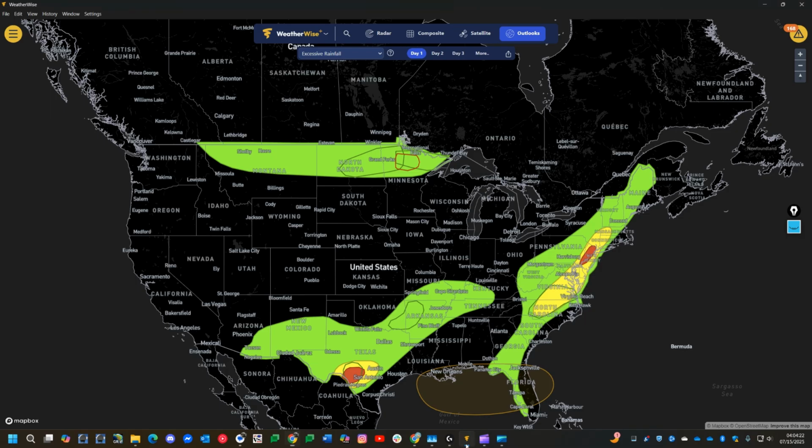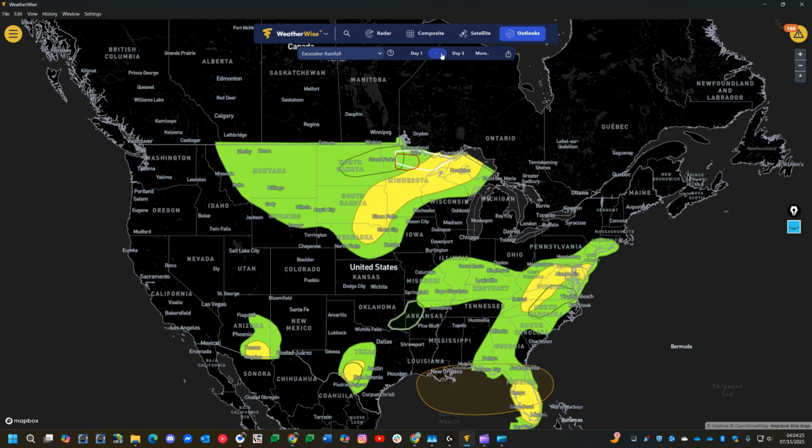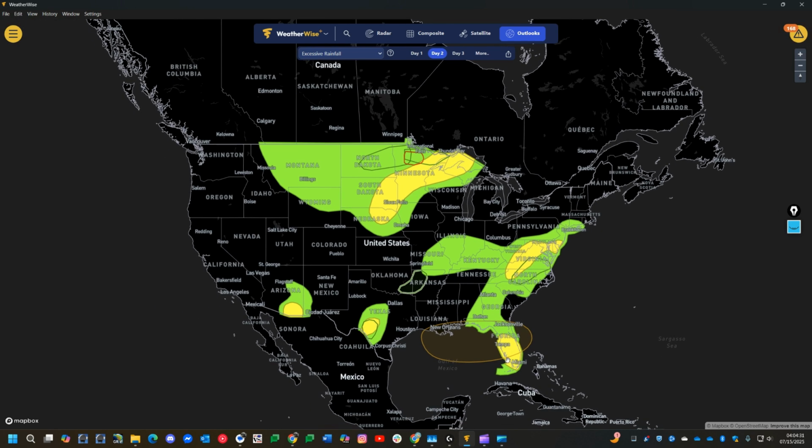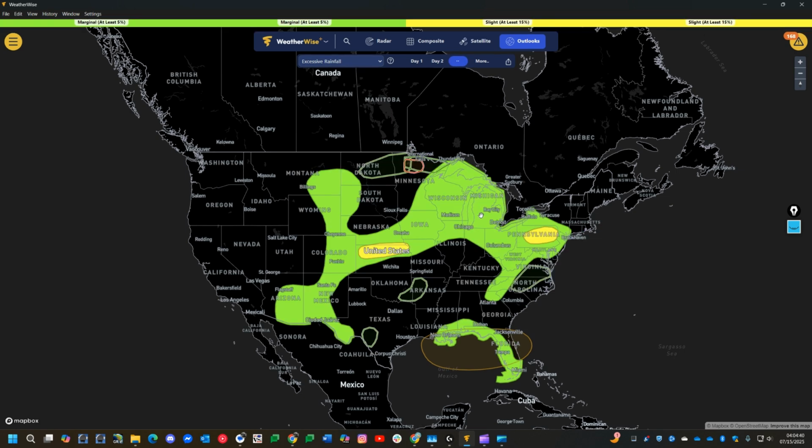Okay. Anyway, day two, of course, the threat increases in Florida with the low pressure moving through the area, Texas, Arizona, Mid-Atlantic, Upper Midwest. Day 3, as that system moves in the Gulf, enhanced rainfall all along the Gulf Coast.